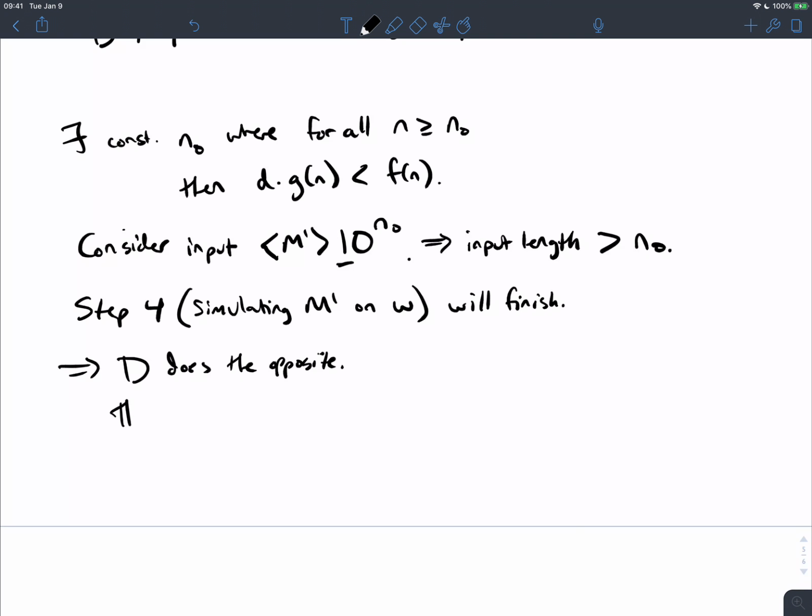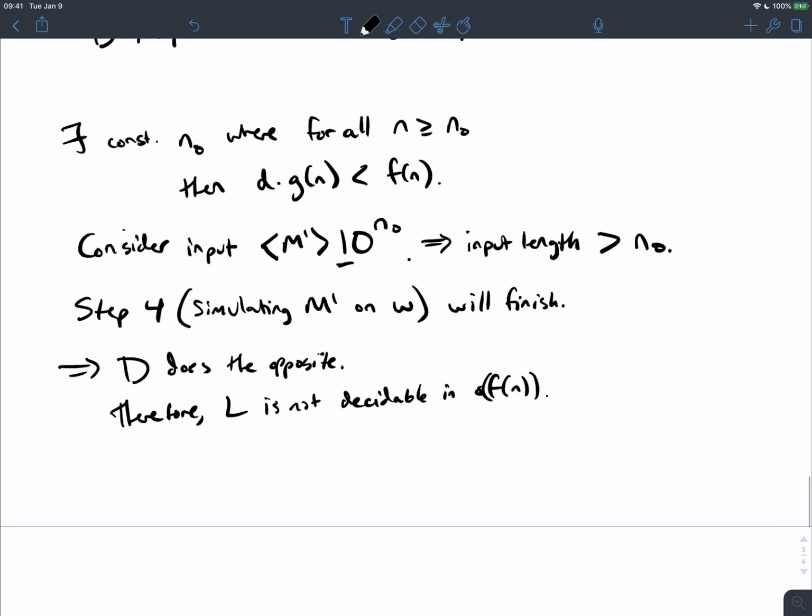And so therefore, this language L is not decidable in little o of f of n space, because D did the opposite of what the machine said it did.